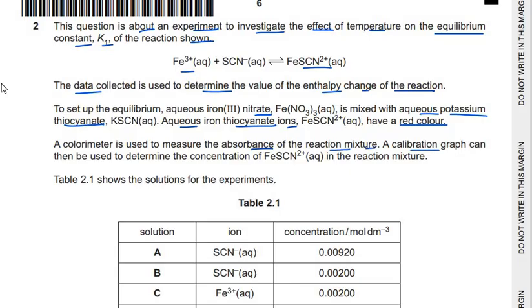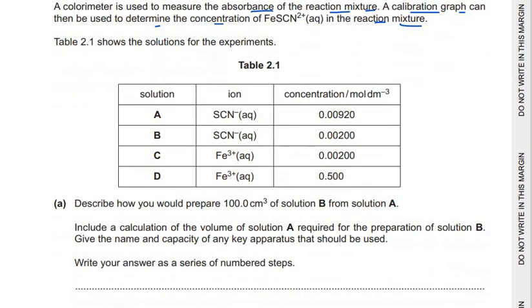A calibration graph can then be used to determine the concentration of the FeSCN, that is iron thiocyanate ions, in the reaction mixture. Table 2.1 shows the solutions for the experiments, where solution A has the thiocyanate ion with the concentration given here, B also given here, C and D also given here, with the different concentrations we can see.